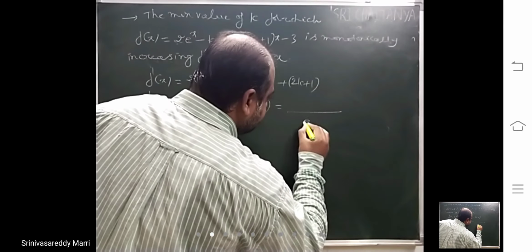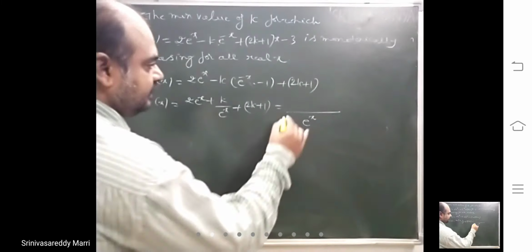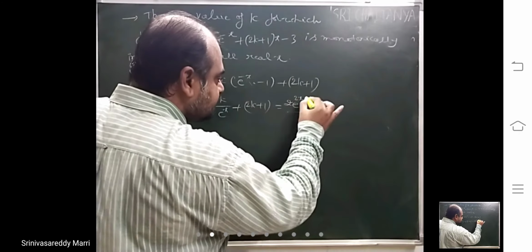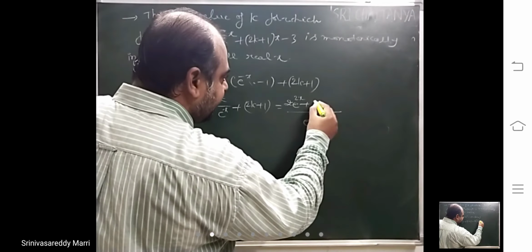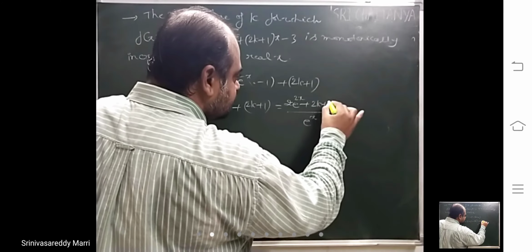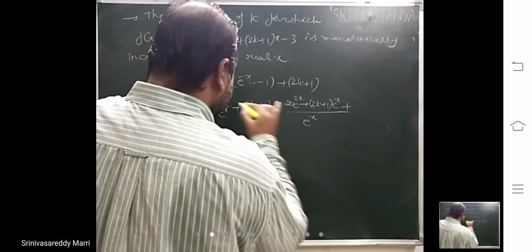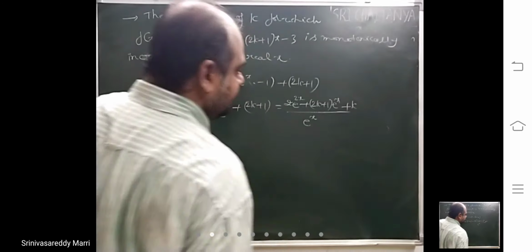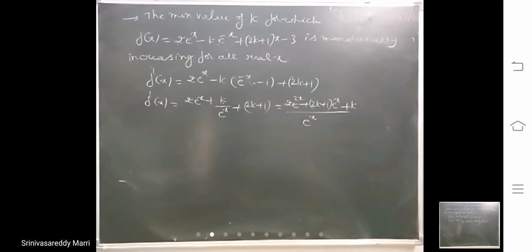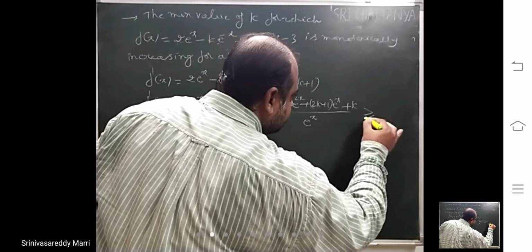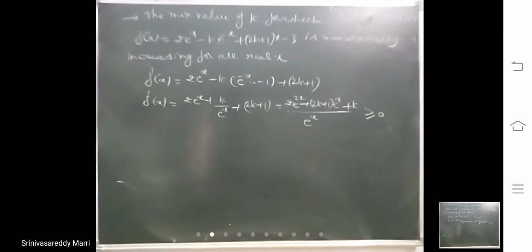Taking the LCM, you will get 2e power 2x plus e power x plus k in the numerator. You have to get this greater than or equal to 0.